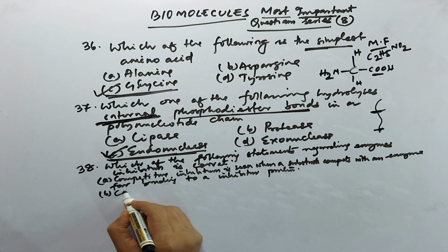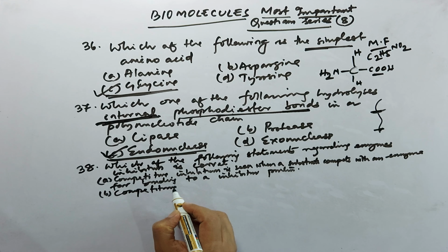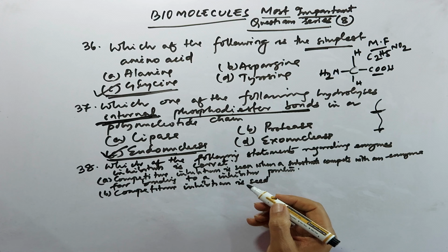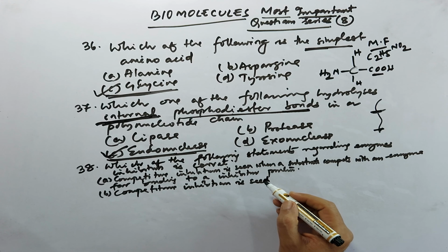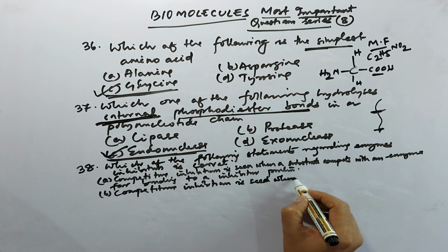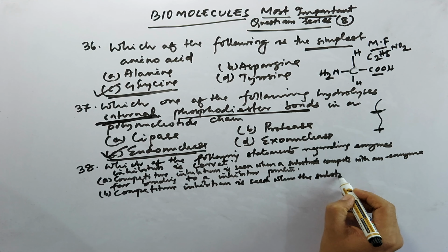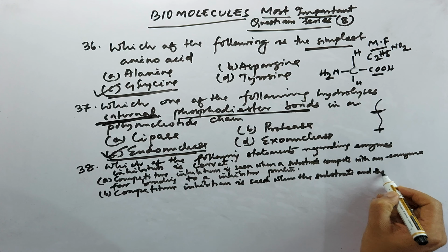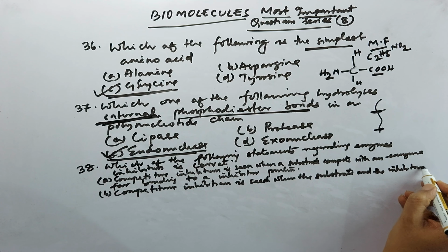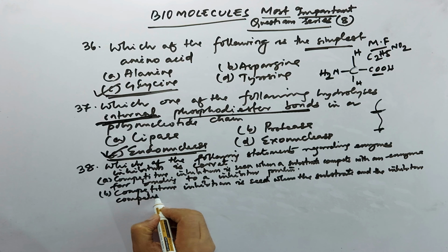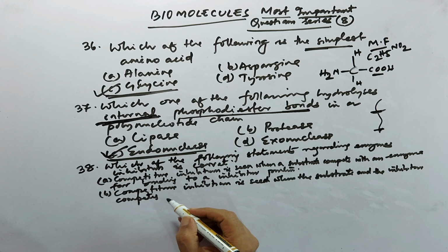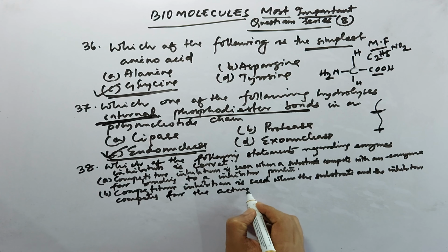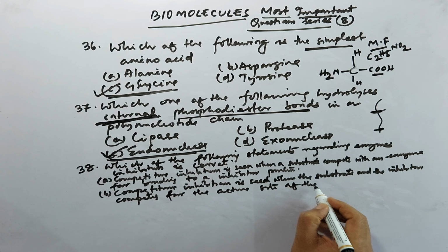The second option is competitive inhibition is seen when the substrate and the inhibitor compete for the active site of the enzyme.